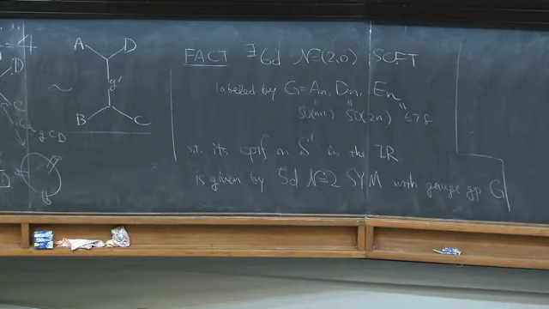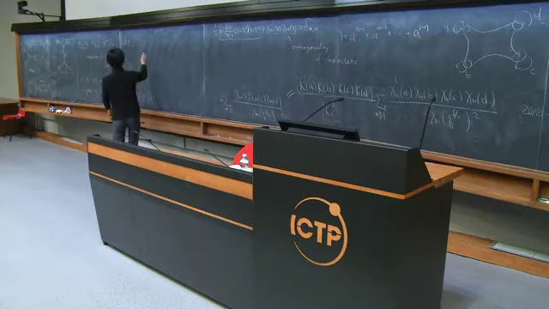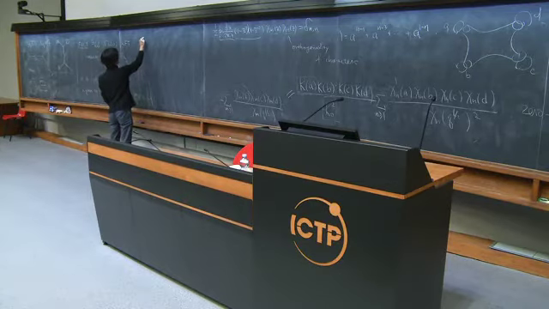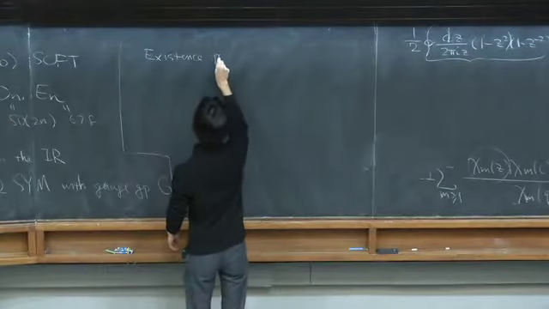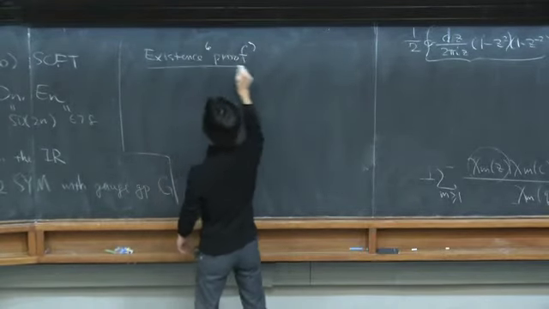So before getting to the physical content of this statement, how do we know this fact? So you need to use string theory at this point, an existence proof. And I need to put the quote around the proof.